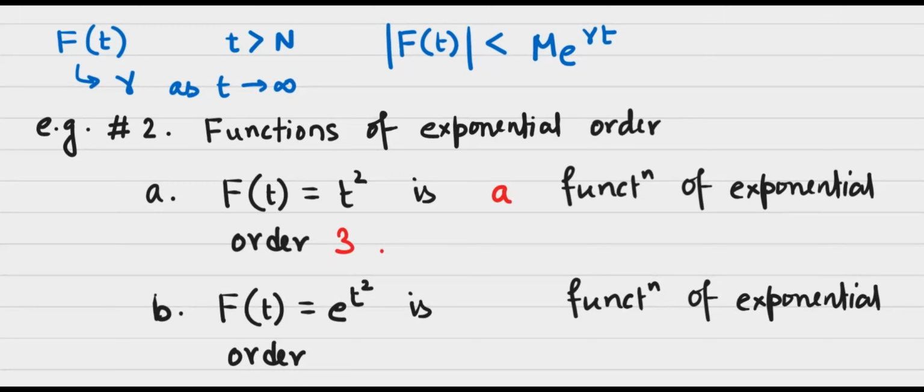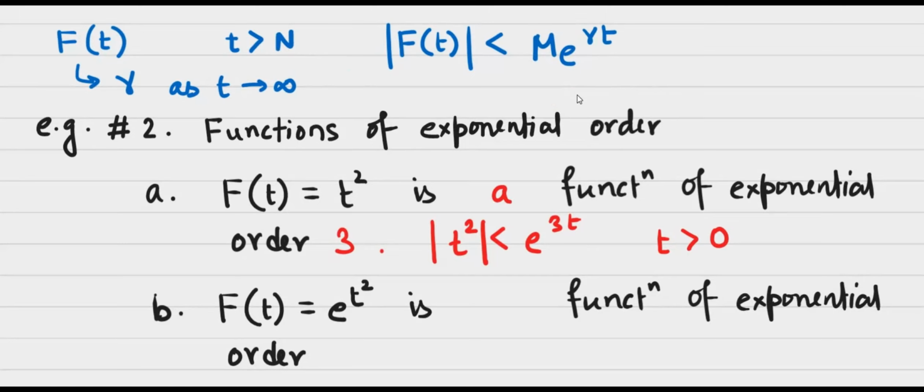Because t squared is always smaller than e to the power 3t. Specifically, its absolute value is smaller than e to the power 3t as soon as we get t greater than 0. So in this case, our capital M is 1, gamma is 3, and this N is 0.